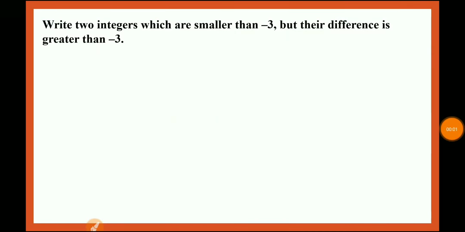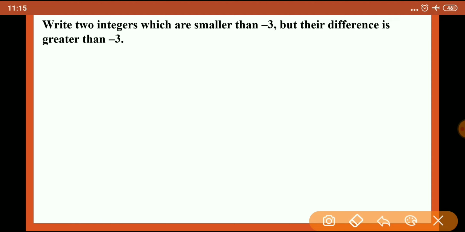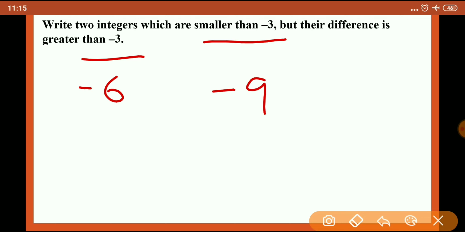So the first question was: write two integers which are smaller than minus 3 but their difference is greater than minus 3. Very simple. For integers smaller than minus 3, you can take minus 6 or minus 9. Both are smaller than minus 3, but their difference means you have to subtract the numbers so that you get a number greater than minus 3.